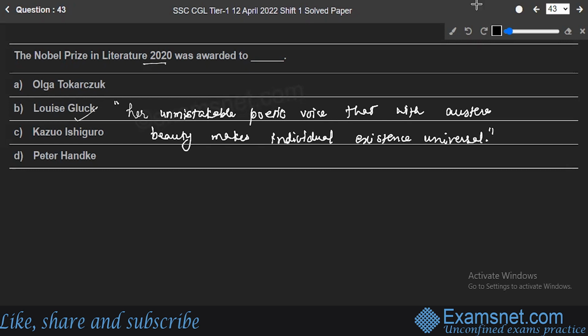So, option B, Louise Gluck, is the answer to the question. Hope you understood this.